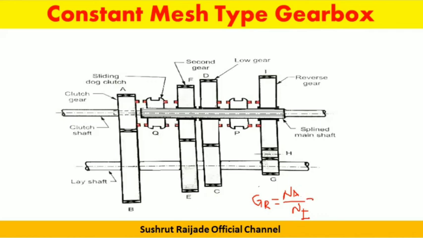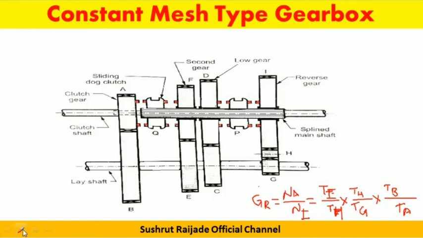So NA upon NI equal to TF upon TE, teeth on the gear F and teeth on the gear E. Sorry, TI upon TH into TH upon TG into TB upon TA. This will be the gear ratio for the reverse gear.